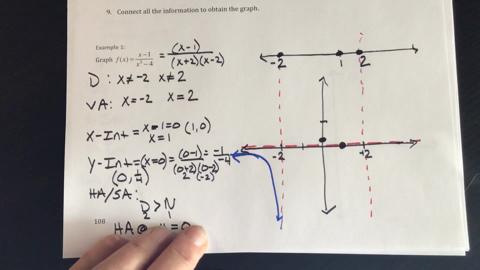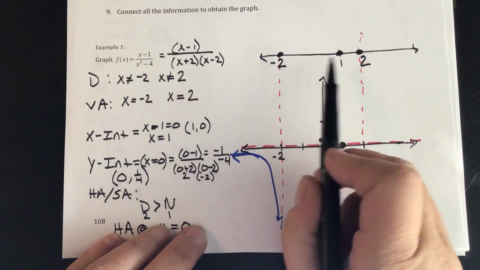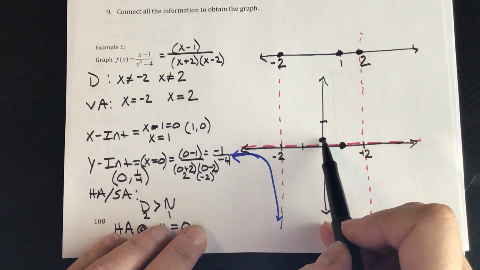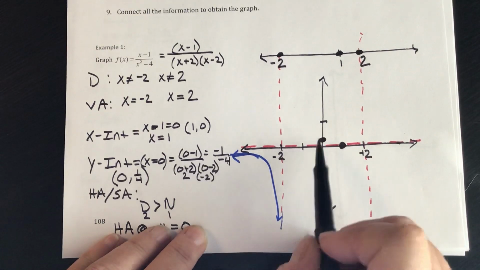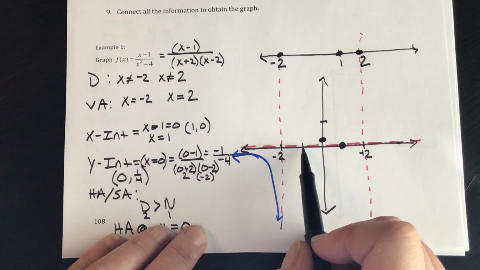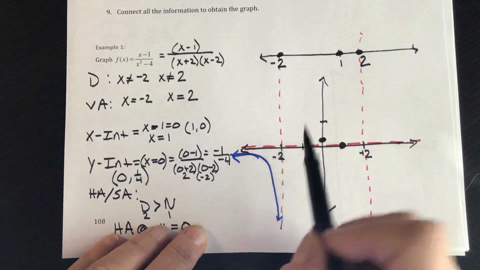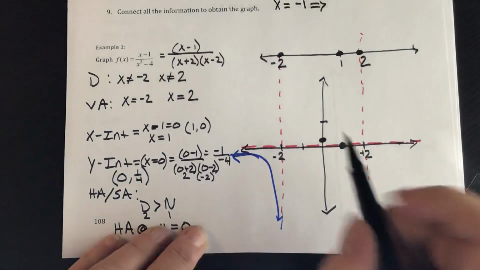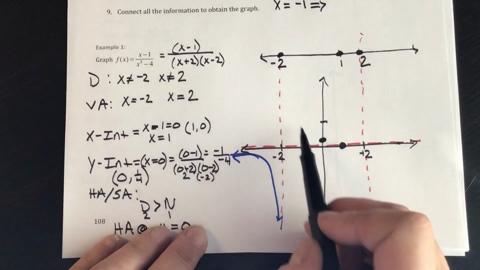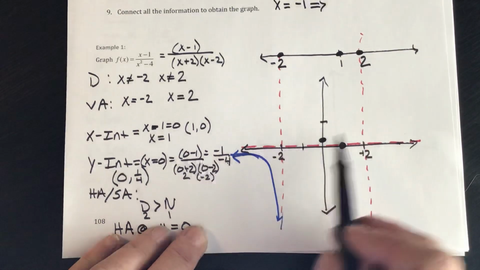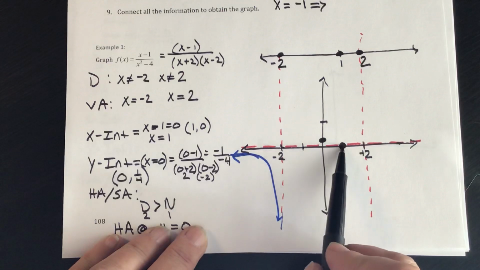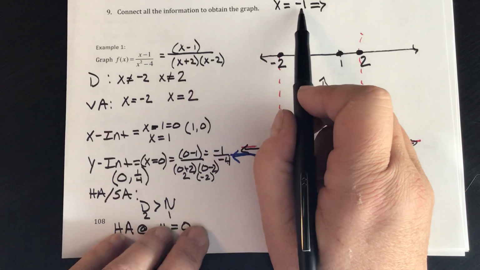Then I'm going to look at a number between -2 and 1. So between -2 and the x-intercept at 1, I'm going to choose -1, to give me a better idea of what it's looking like in between the vertical asymptote and the intercept.